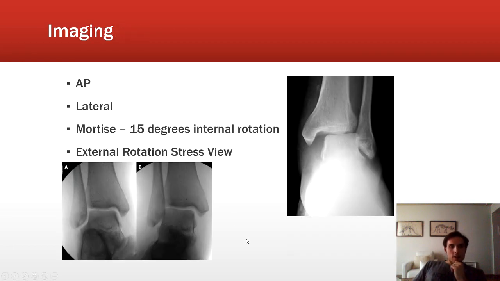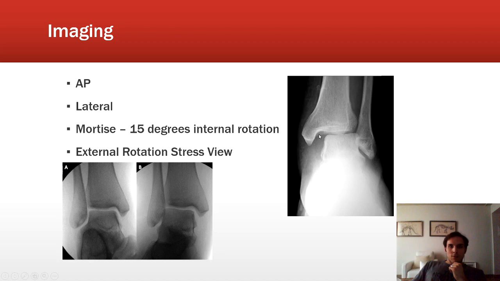All right, so some common imaging done on the ankle. Usually you're going to see AP, lateral, and mortise. Your mortise view is a view of the ankle with 15 degrees internal rotation, give or take.